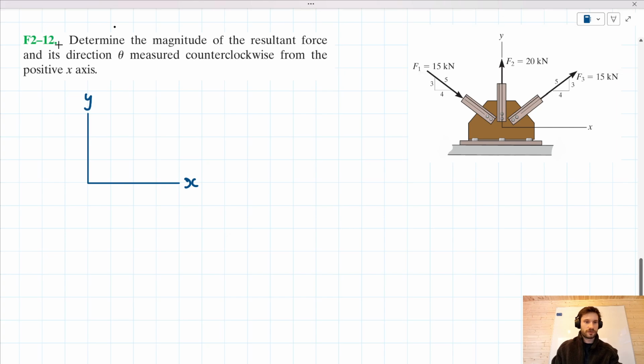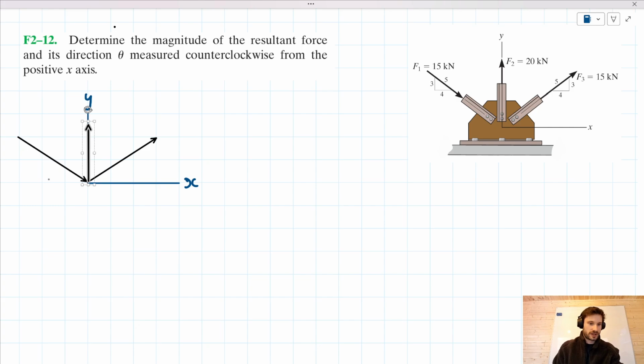So we've got this 15 kilonewton force here, and this other 15 kilonewton force acting here, and this 20 kilonewton force acting here. Let's just add some labels to these.